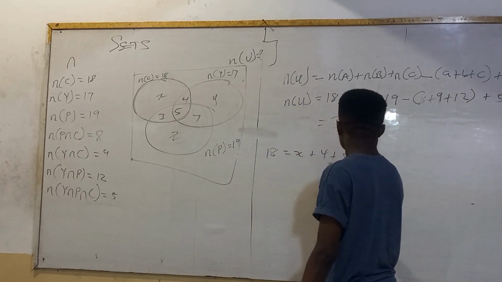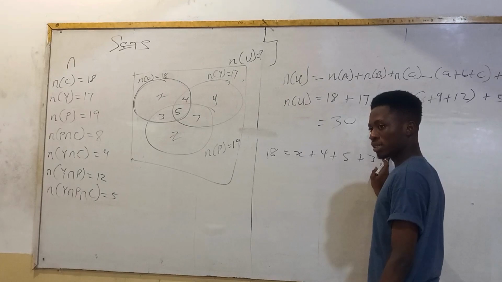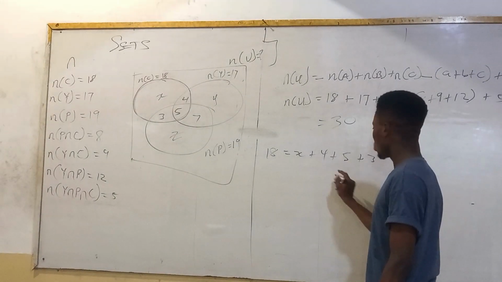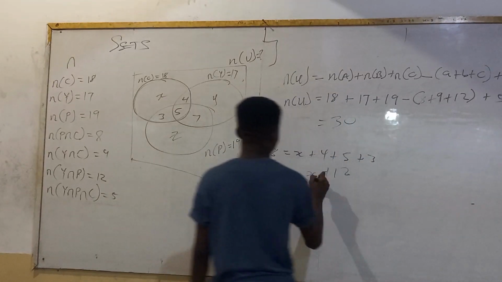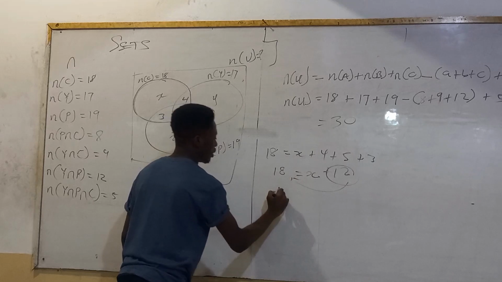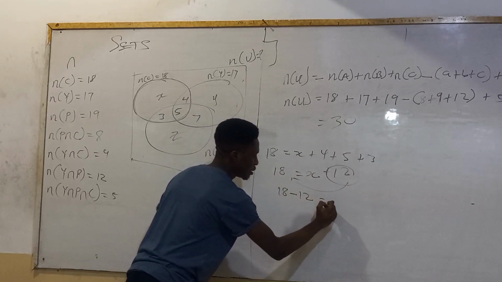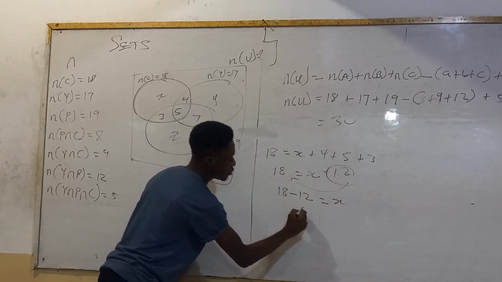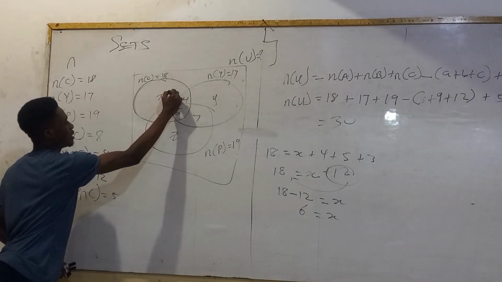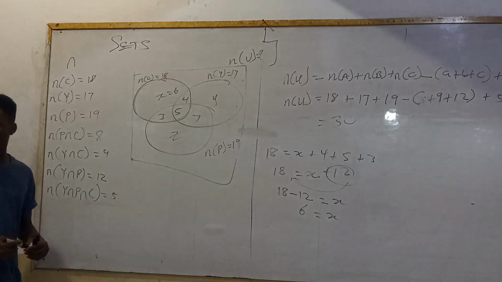So when you add this, what will we get? 5 plus 4 plus 3, 12. 12 plus x is equal to 18. So when you make x the subject, 18 minus 12 is equal to x. So you have 6. So this x here will be 6.